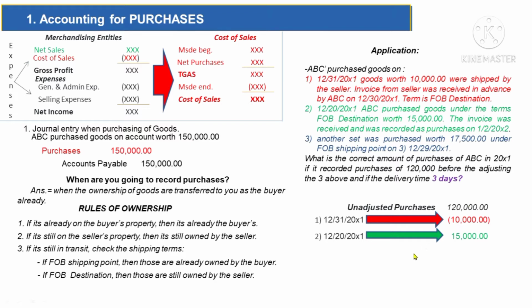So what we need to do is to include that in the 120,000, because again, these goods are valid purchases of 20X1 already. So if we're going to account for these adjustments, the correct amount of purchases is 142,500. So that's it.